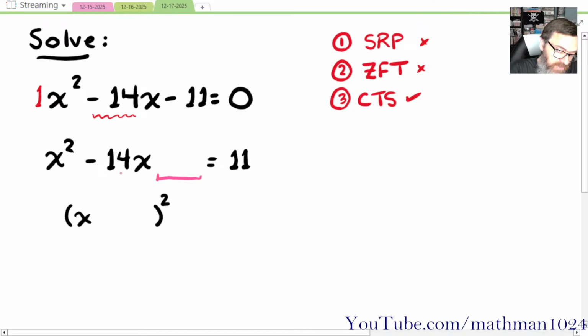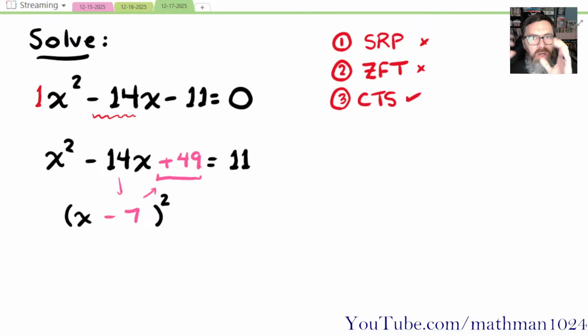We take half of this middle coefficient, and that's what goes in the factorization. So half of negative 14 is negative 7. And then we square that, and that's what goes in the gap. So we add 49. By having that plus 49, we create a trinomial on the left side that's going to be the exact same two factors, x minus 7 times x minus 7, which gives us the square.